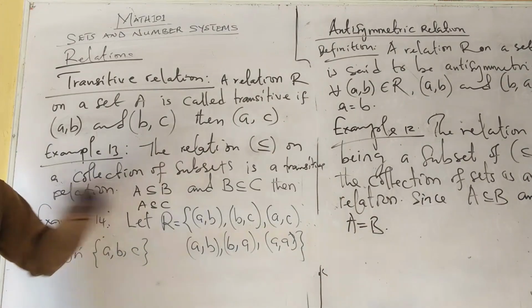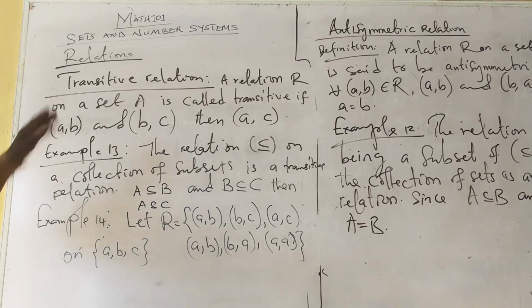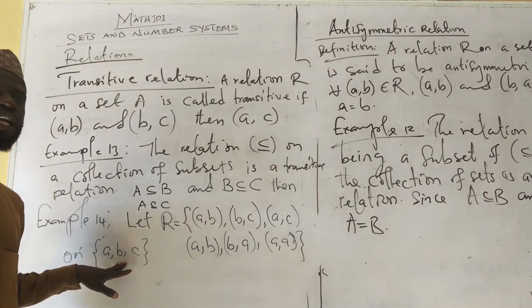Is this relation R a symmetric relation? Sorry, is it a transitive relation on the set ABC?